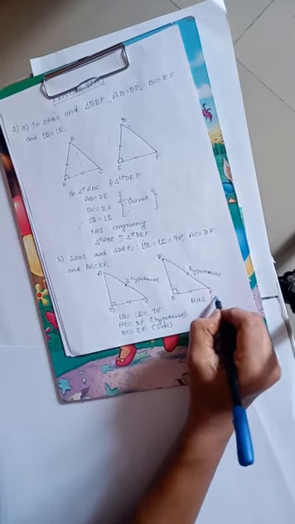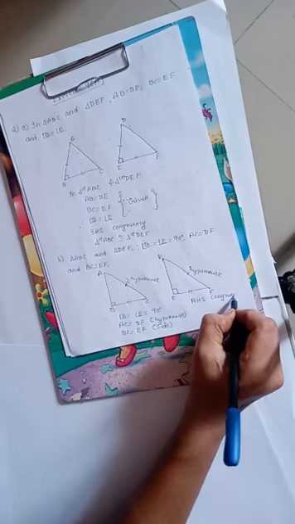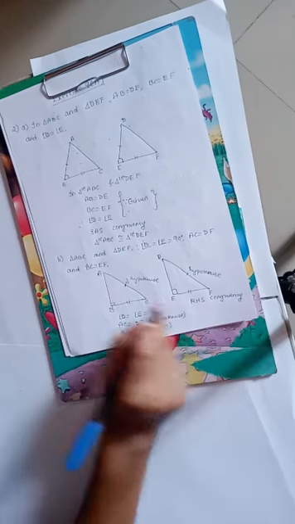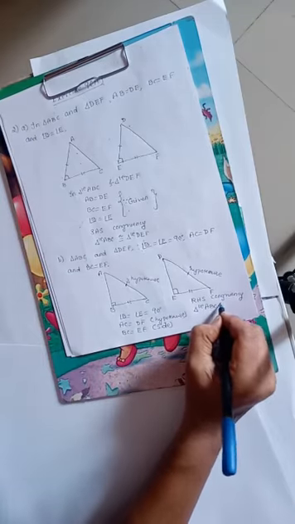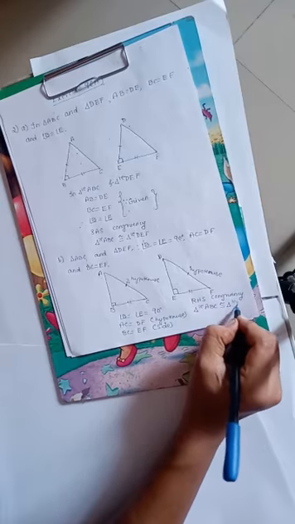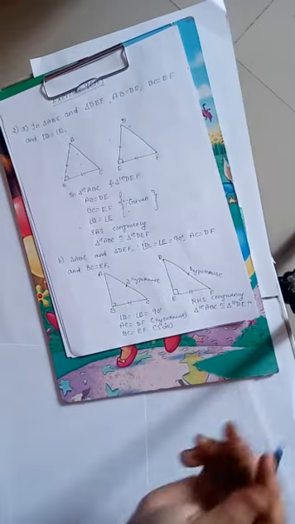According to RHS congruency, you can tell that triangle ABC is congruent to triangle DEF. Next, move on to the next question.